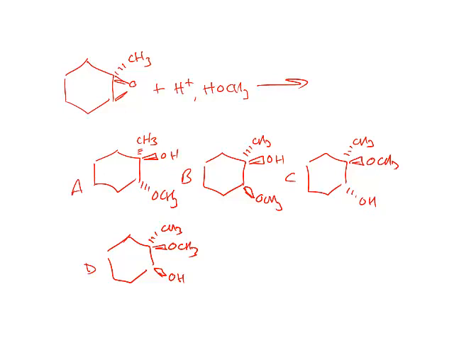So if I was to ask what's the major product of the reaction, A, B, C, or D? And then I could have A and B, A and C. If I was really in the mood to have low scores, I would have you bubble in any and all correct answers.